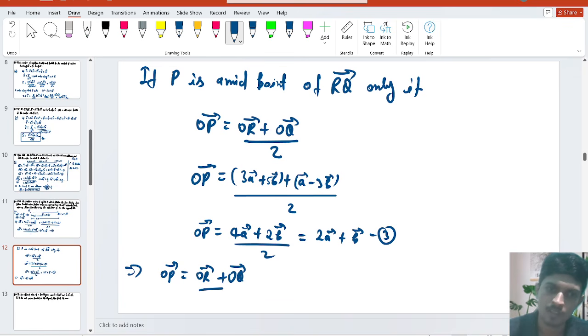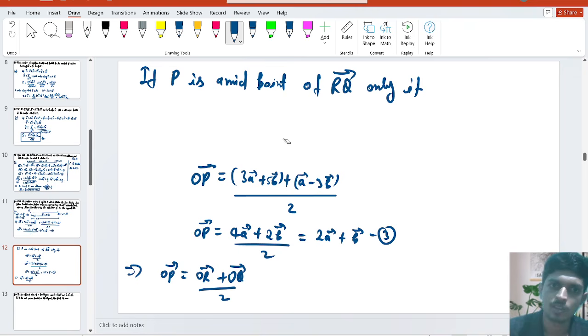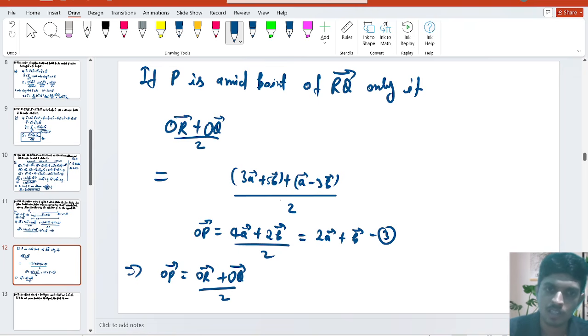So it means that we need to find vector OR plus OQ by 2 here. Just simplify it here. I hope it is clear to you.